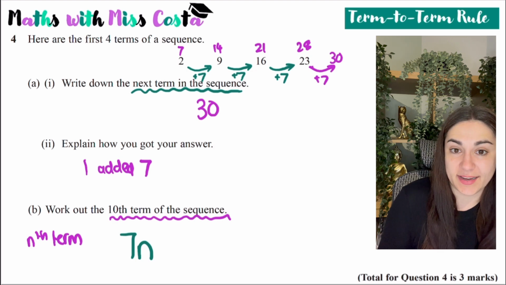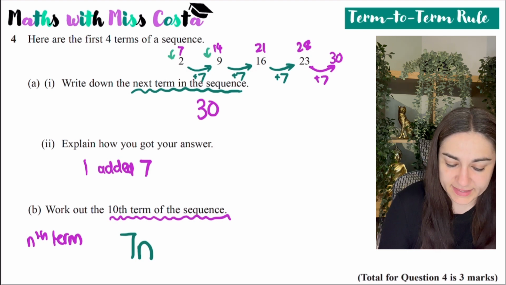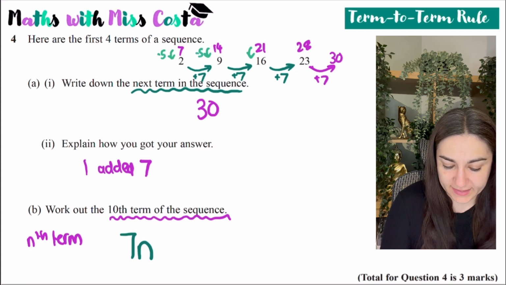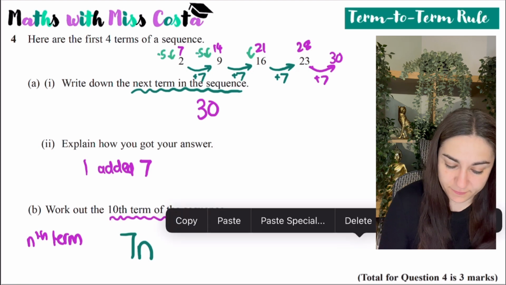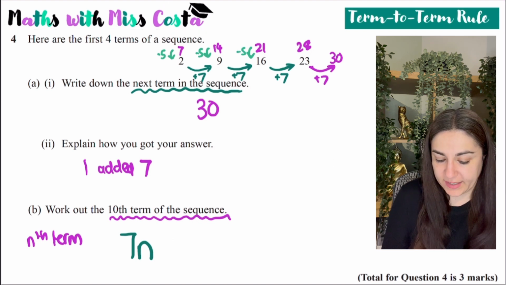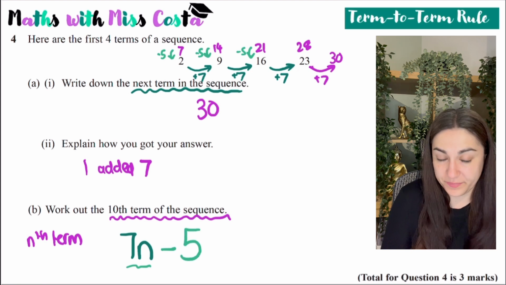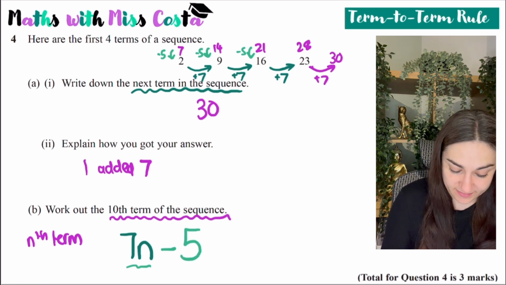But each time, instead of being the actual 7 times tables, it's 5 less, because 7 take 5 is 2, 14 take 5 is 9, 21 take 5 is 16. So it's the 7 times tables take away 5. The nth term is 7n take 5.